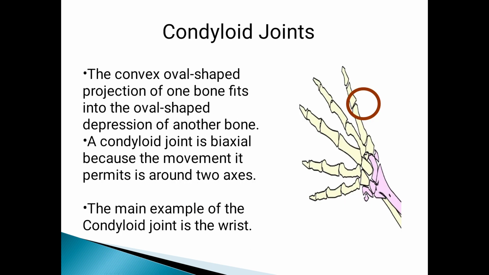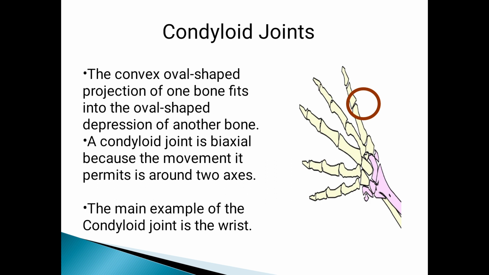Next is condyloid joint. This is another joint where the convex oval shaped projection of one bone fits into the oval shaped depression of another bone. Now this joint is biaxial because it allows the movement around two axes. That is flexion and extension.